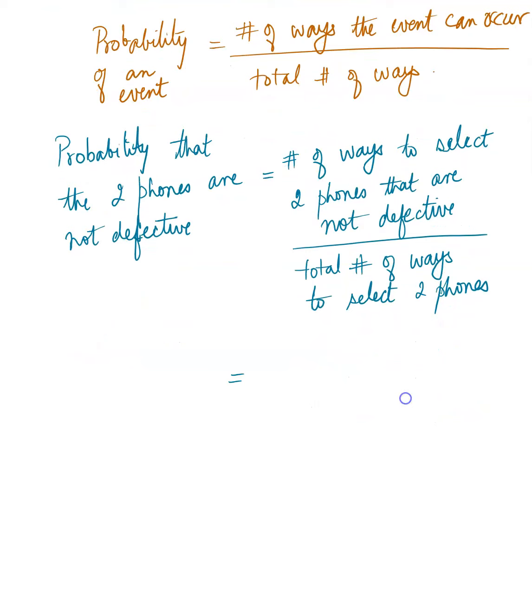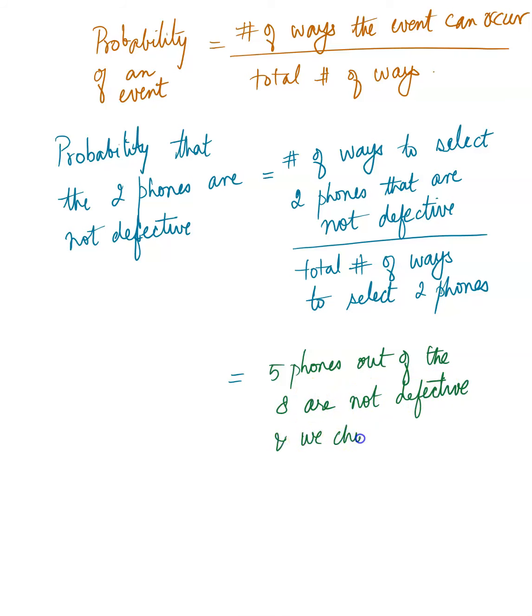So I'll just say 5 phones out of the 8 are not defective. And out of those 5, we will choose 2, right? Because it's among those non-defective ones that you want to choose. 5 out of the 8 are not defective, and we choose 2 phones from it.